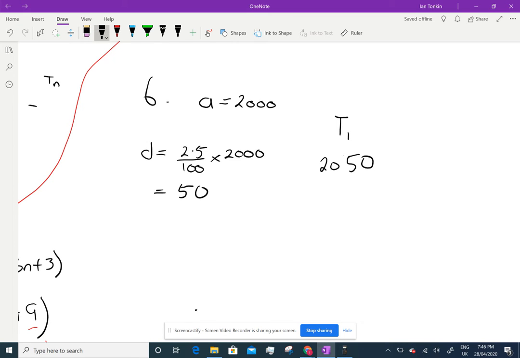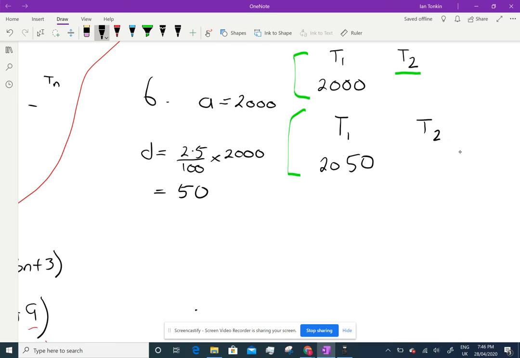Now, if you started with your first term as the 2,000, you'd have to remember that after 1 year would be your T2. So you have to be really careful. You can go either way. You can use that method as long as you understand that after 1 year is your term 2. So I'm going to take this approach because it just makes a little bit more sense.